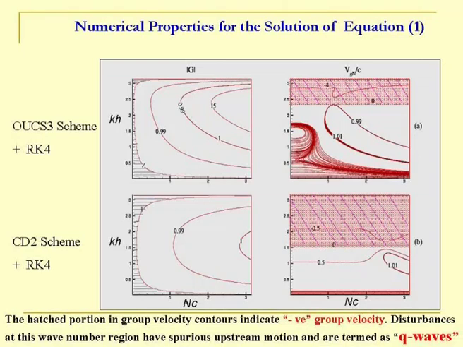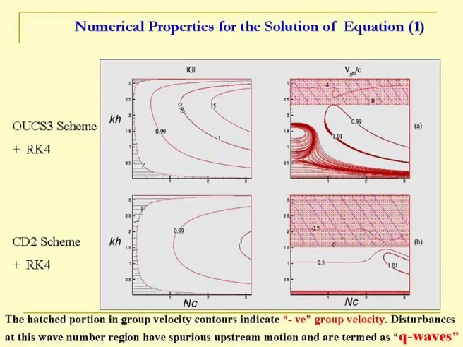And as you see, replacing Euler by RK4 gives you a neutrally stable region, which is shown by this horizontally hatched region. But you can see that region exists over a very small value of kh. If you go a little on this side, what will happen is you will get a damped region, right. So that may not add to accuracy of the solution. That's what we talked about.